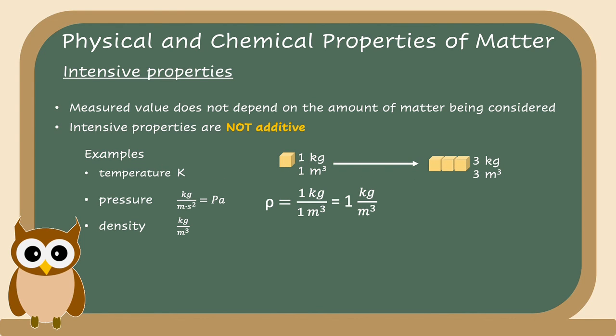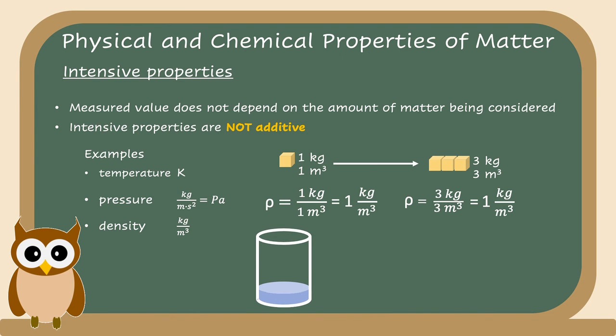Now, if we had 3 cubes, then the mass would increase to 3 kilograms and the volume 3 cubic meters. However, if we look at the formula for density, we can see that the density is unchanged. Therefore, density is not additive.